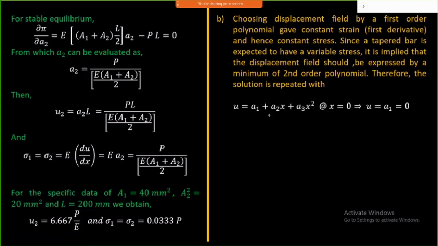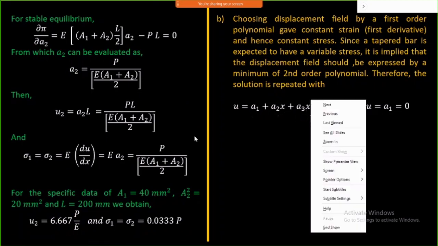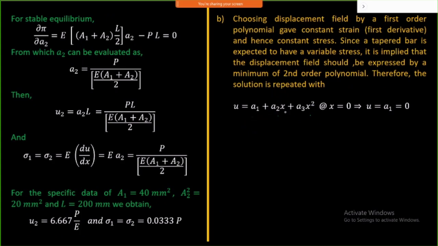Now we'll assume a second order polynomial, a1 plus a2x plus a3x square. Previously we assumed only a first order polynomial. Now you can determine one more constant here. Similarly, we can have u equal to this much. The strain field is also varying with respect to x.